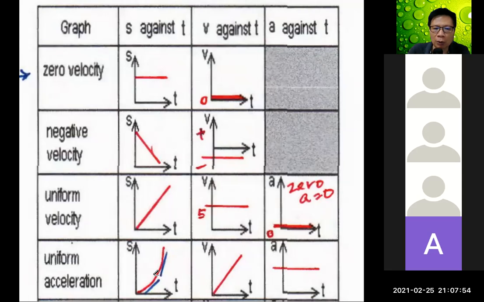Here, the gradient is small. Over here, the gradient becomes bigger. Small gradient means small velocity, bigger gradient means bigger velocity, so the velocity is increasing. You see it is steeper, so the gradient is bigger. Change in velocity is acceleration. That's why uniform acceleration is a curve going up.